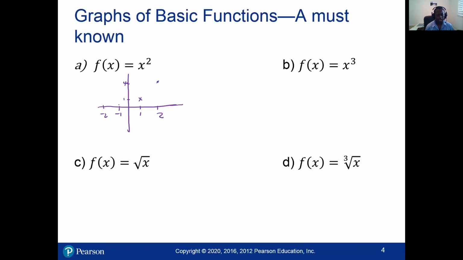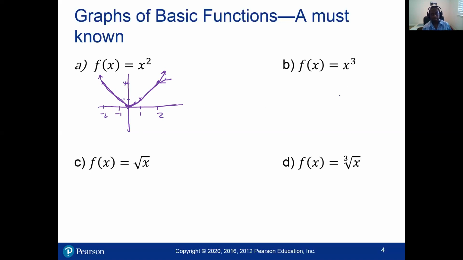If x is -1, if you square this, you also get 1. And if x is -2, you get +4. And if x is 0, you get 0, 0. So there is a turning point there. This is the parabola function. It's coming this way and it turns and goes up like that. So this is the basic function. It's a parabola.